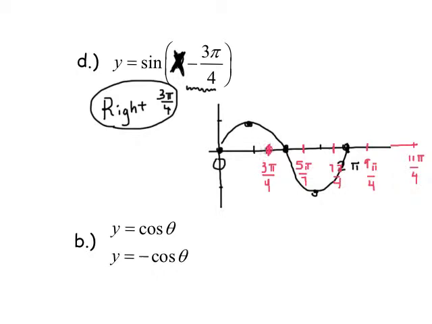So I'm going to start at the 0, and I go up, middle, down, middle. So this represents moving to the right 3 pi over 4. Okay. All right.